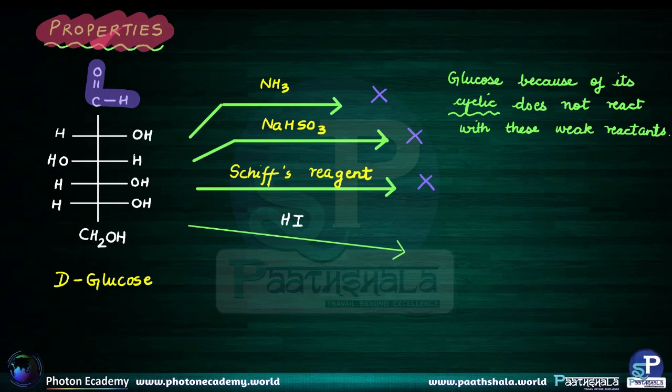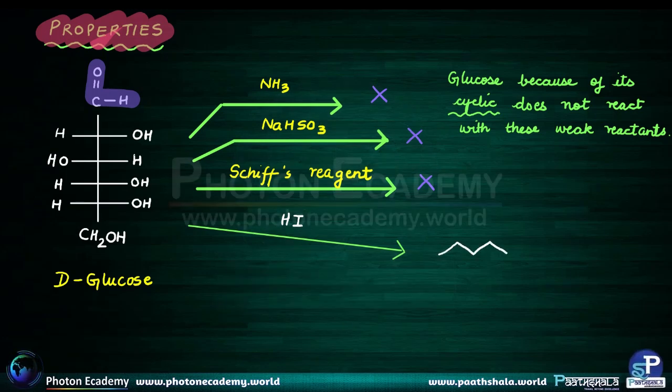On prolonged heating with HI, it forms n-hexane. What is n-hexane? This particular structure, a straight chain structure of 6 carbons, is called n-hexane. So we have 6 carbons in a straight chain, and this is nothing but n-hexane.